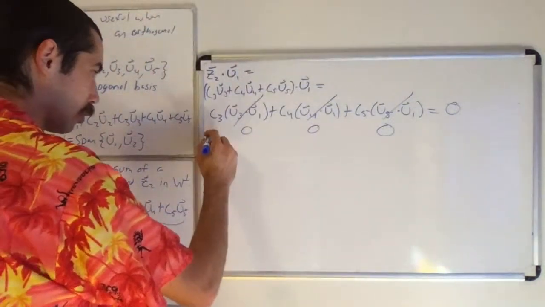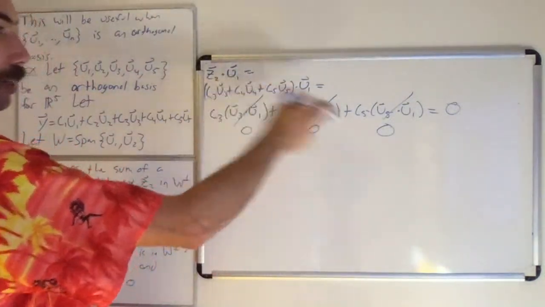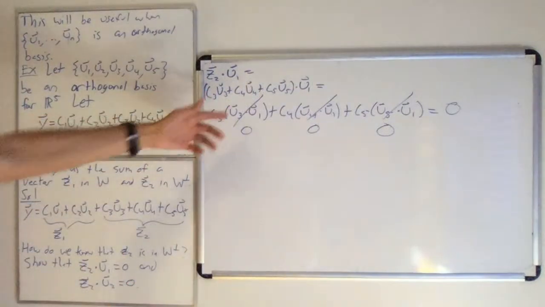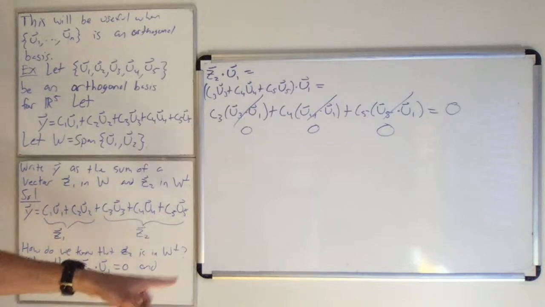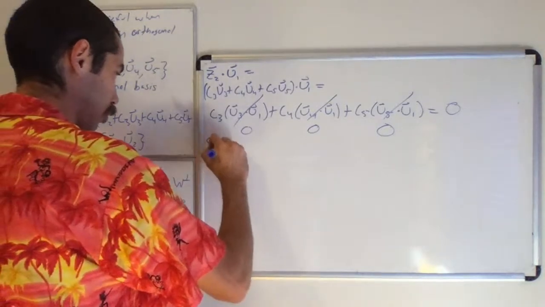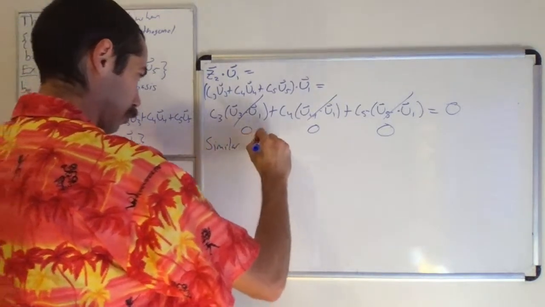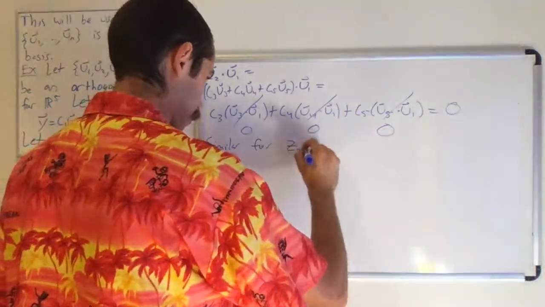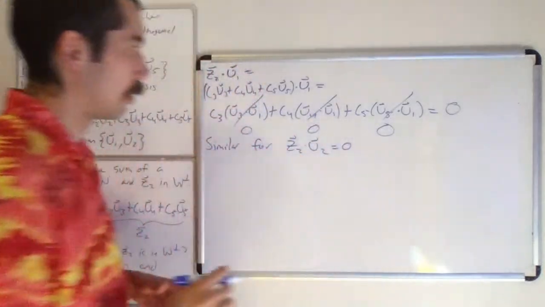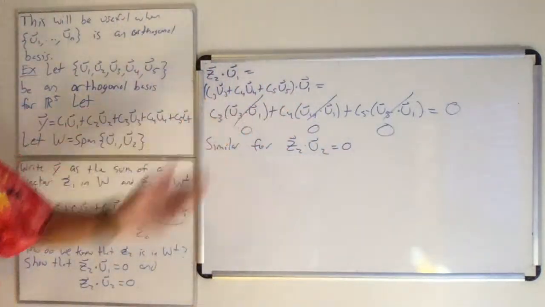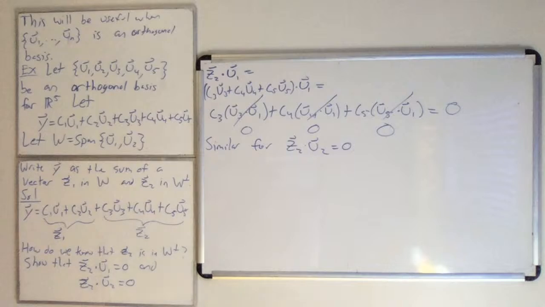So z2 dot u1 is equal to 0. And you could imagine a very similar calculation could happen to show z2 dot u2 is equal to 0. Right, you just switch all the u1s with u2s and it would work out exactly the same.